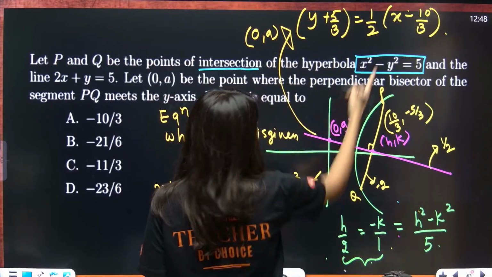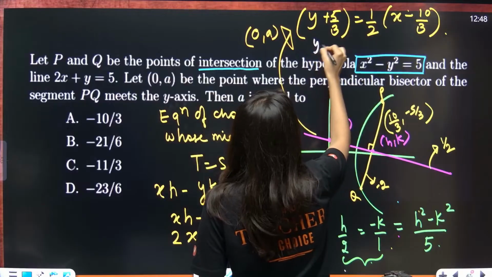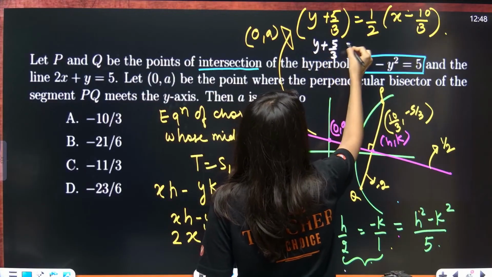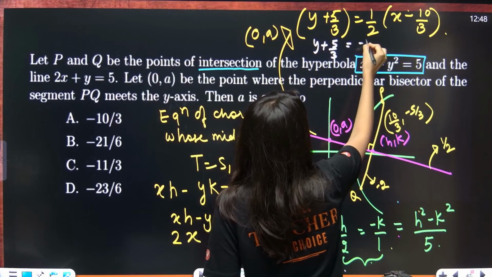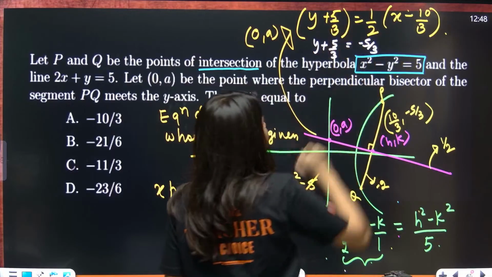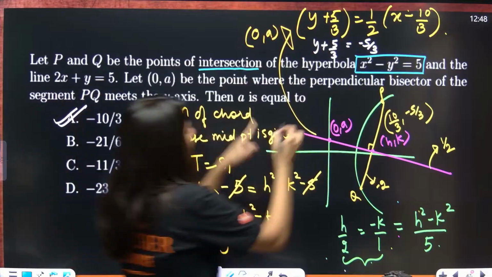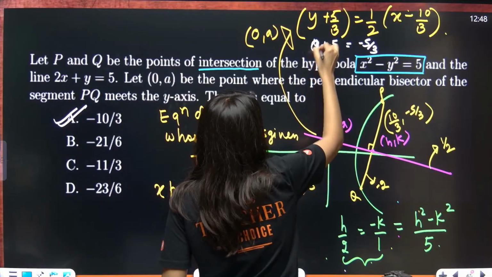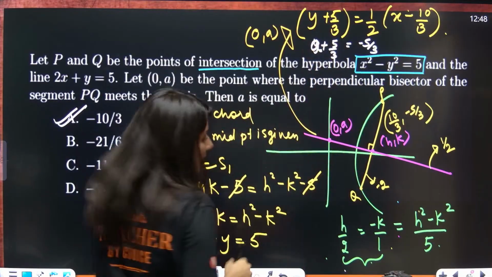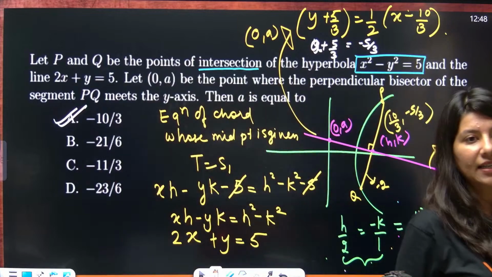Your x will be 0 and y you need to calculate. So y plus 5 by 3 is minus 5 by 3, so y will be minus 10 by 3, option A. And y is nothing but a. So a is nothing but minus 10 by 3. Everybody getting it? Good question.